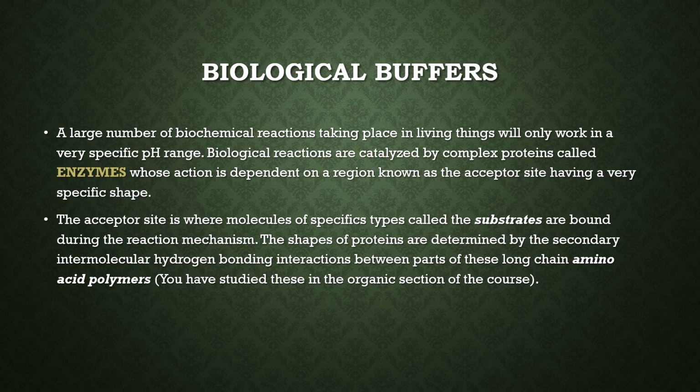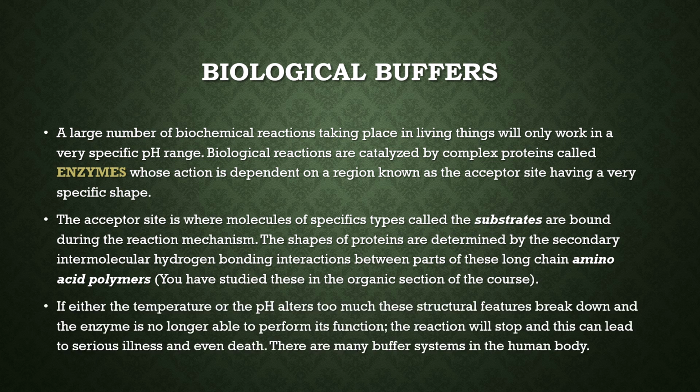The acceptor site is where the molecules of specific types, called the substrates, are bound during a reaction mechanism. And the shapes of the proteins are determined by secondary intermolecular hydrogen bonding interactions between these long parts of amino acid polymers. And we will look at amino acid polymers and proteins later on in the organic chemistry section of the course. But essentially what happens is that if you have the pH change, the shape of the enzyme changes.